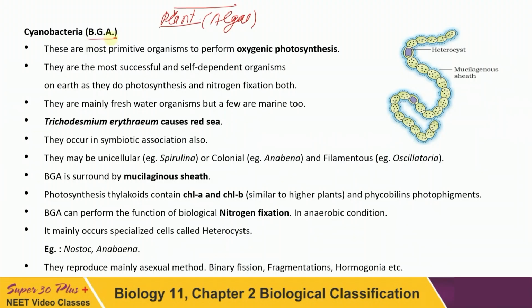Some important characteristics of this: these are the most primitive organisms, and they perform oxygenic photosynthesis. What do you mean by that? For the first time, they released oxygen in photosynthesis, because they use water. Water is oxidized, and as a result oxygen is released.